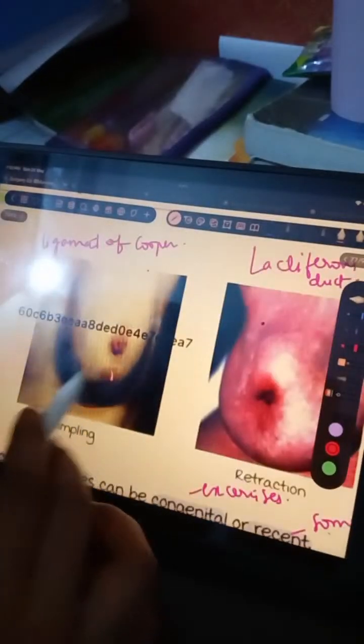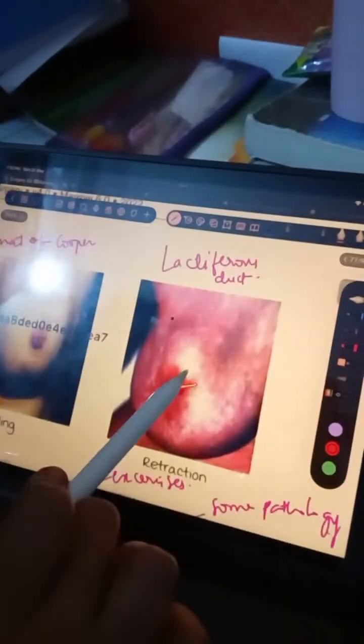So if a cancer involves the suspensory ligaments of Cooper, it pulls the ligaments inwards, so there is dimpling of skin. And if a cancer involves a lactiferous duct, it causes inward pulling of the nipple, which is called retraction of nipple. We can see here dimpling and here retraction of nipple.